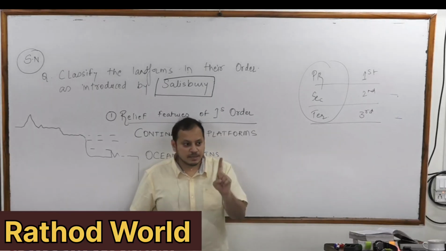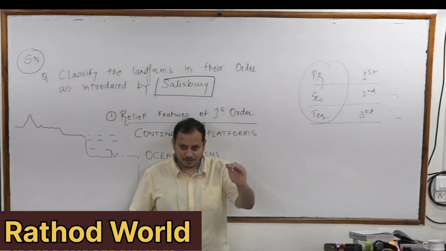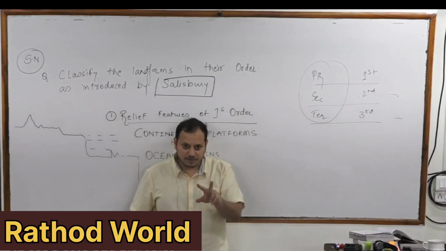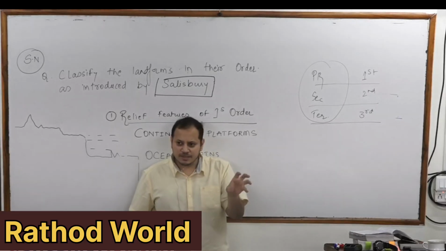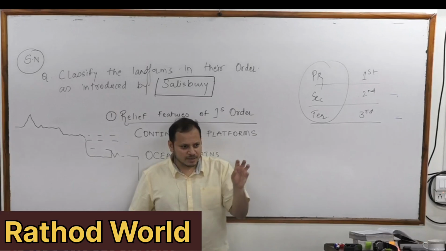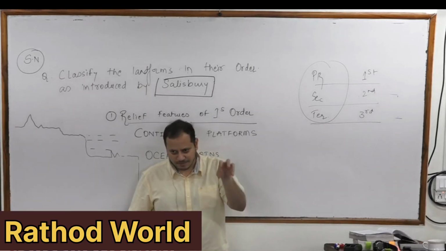For example, Himalayas are rising, not the entire India is rising. So if we consider India as a first order relief feature, mountains will be second order relief features. India is stable, but what is changing is the location of India. Once upon a time India was near the equator, then India came near the present day position.